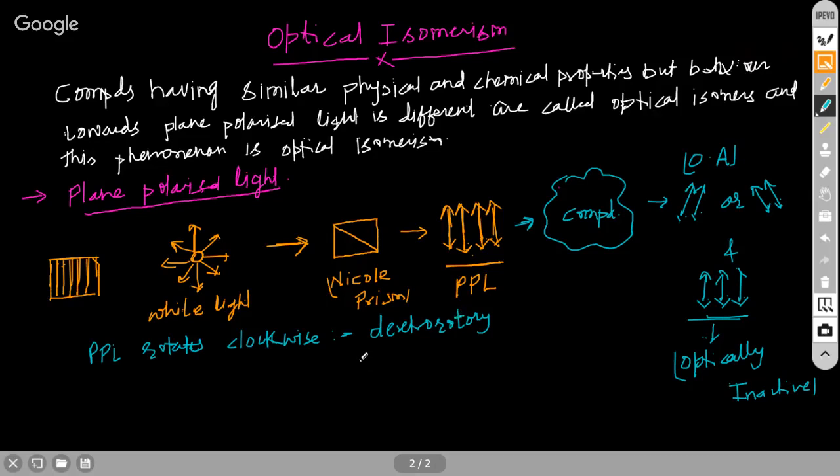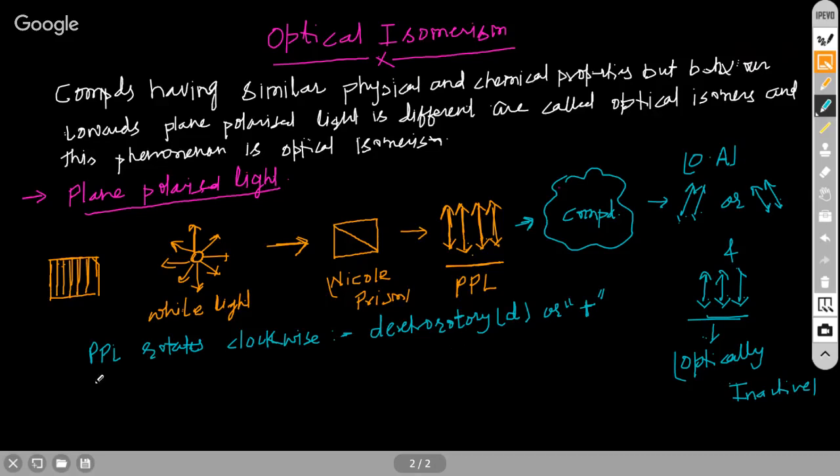The compound is said to be dextrorotatory, or in short we call it D, small d, or we also write it as plus. Plus means dextrorotatory, D, clockwise rotation. When PPL rotates clockwise, it is dextrorotatory, small d or plus.